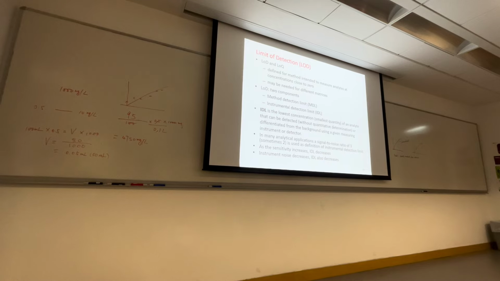Somehow, if there is no instrument that can fit the intended use, then we can optimize the condition to use a signal to noise ratio of only 2. Then we say that, oh, that should be signal from the analyte, okay? But of course, if you use a signal ratio to be 2, that means you will have lots of false positive result, okay?